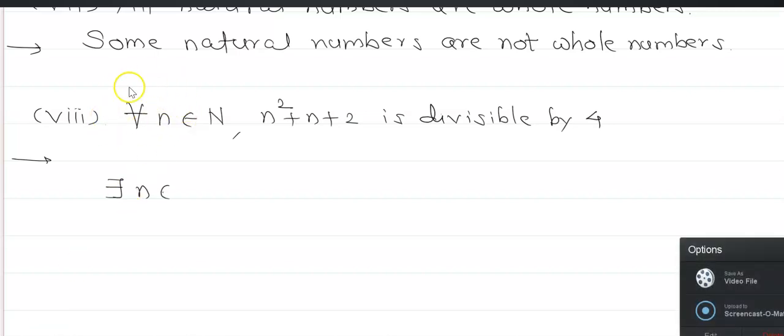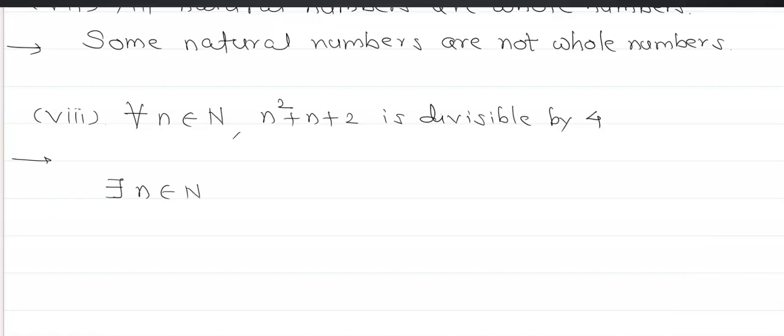For all n belongs to the set of natural numbers, n square plus n plus 2 is divisible by 4. Therefore, its negation is: there exists n belongs to the set of natural numbers, n square plus n plus 2 is not divisible by 4.